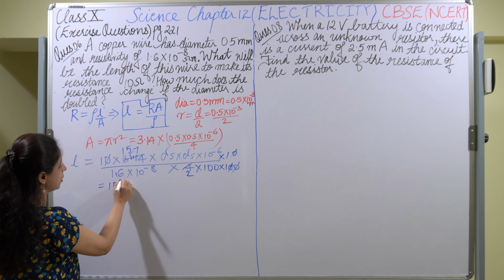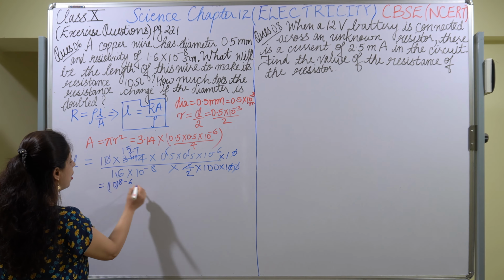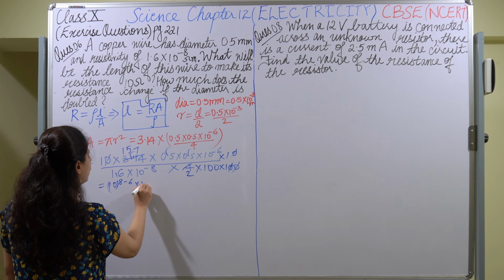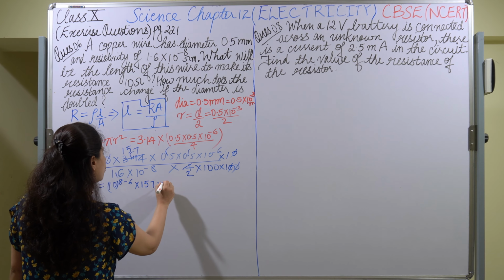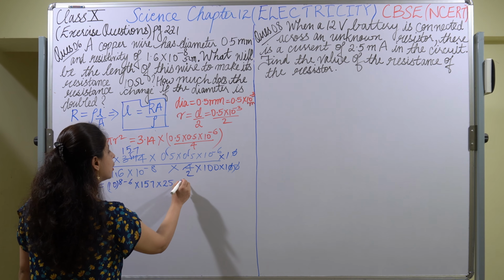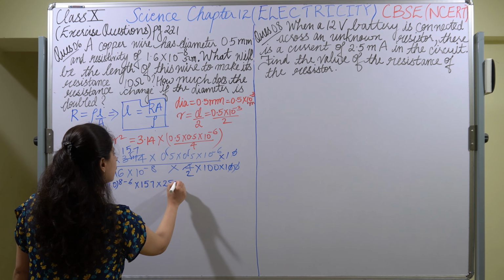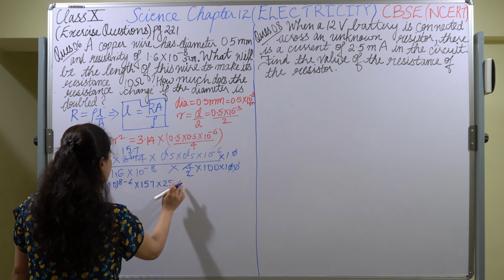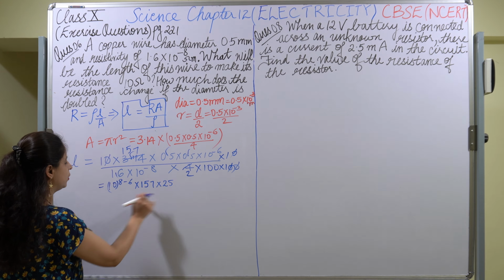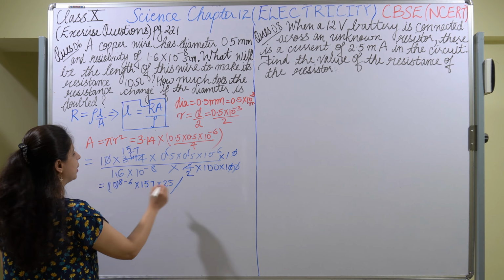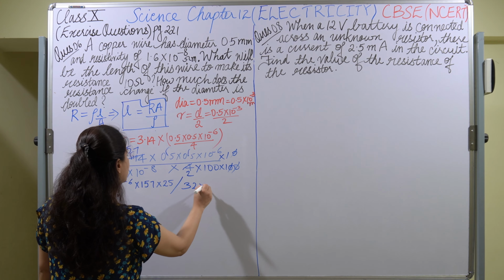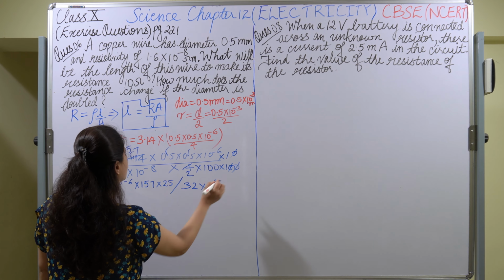So 10 power 8 minus 6 into 157 into 25 in the numerator we are left with this. In the denominator we are left with 32 into 10 power 2.